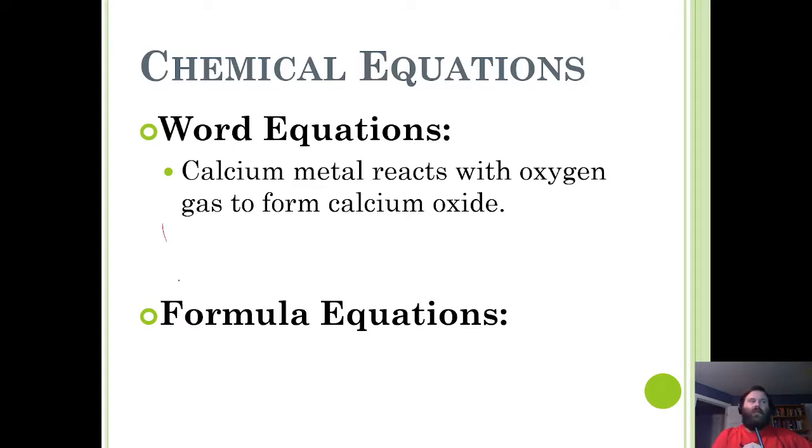Okay, so if we were to write that, we would have calcium metal, which suggests that it is in solid form, reacts with, so we had a plus, oxygen gas, so oxygen, which we know is O2, and it's a gas, so we write a little g in parentheses, to form, okay, so now we're talking about the products, calcium oxide, and this doesn't say whether or not the calcium oxide is in solution, but if it's important it will, but let's just, for the sake of it, say that that's in solution.